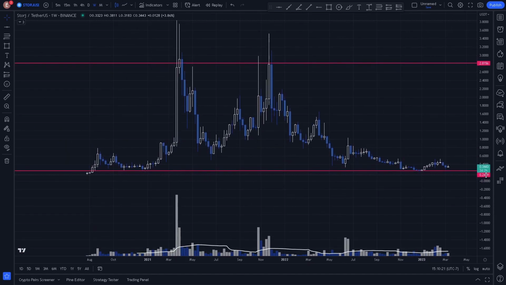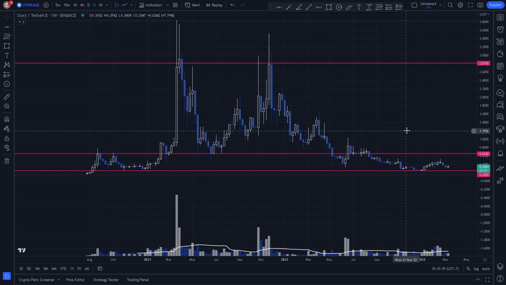So here on the weekly, what can we notice? We see a key level right here with multiple reactions, support, and resistance. And we see a reaction around the same key level here.